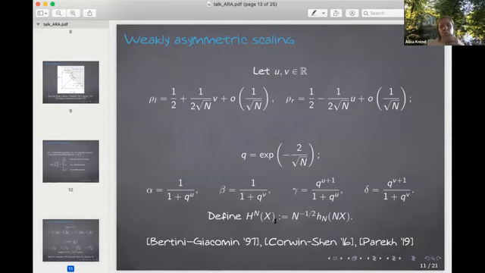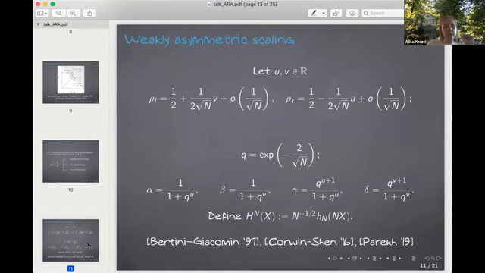The connection between the ASEP and the KPZ equation, through the weakly asymmetric scaling, was first obtained in the case of the full line by the very important work of Bertini and Giacomin, and then for the open ASEP by the work of Corwin and Shen, in the case of the parameters u and v being non-negative, and in full generality by Parekh in 2019.